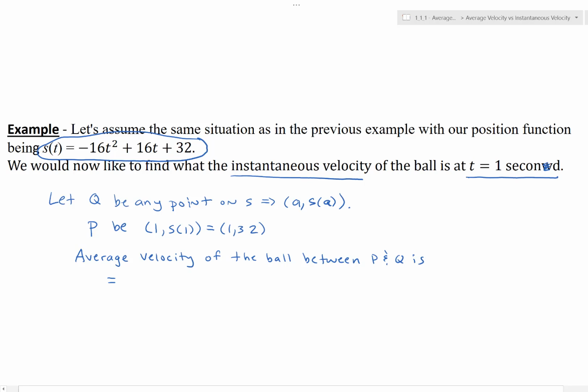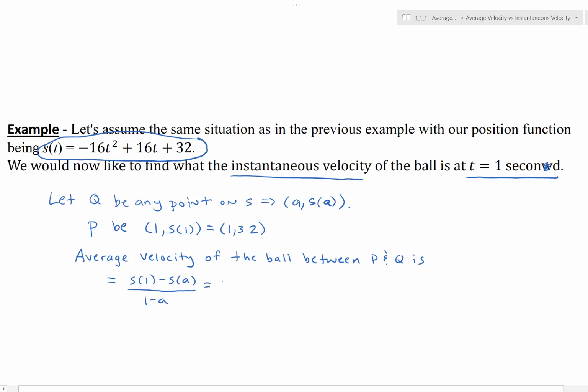It's going to be the change in the output, s of 1 minus s of a, over the change in the input, 1 minus a, remembering the units are feet per second here.